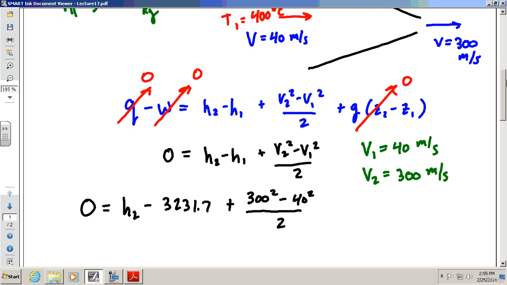I can solve for H2. How would H2 help me get the exit temperature? Remember, I don't really care what H2 is. I want the exit temperature. You can look it up in the tables because now if I have H2 and I already know P2, the exit pressure, I have two pieces of information. I should be able to look up the exit temperature.